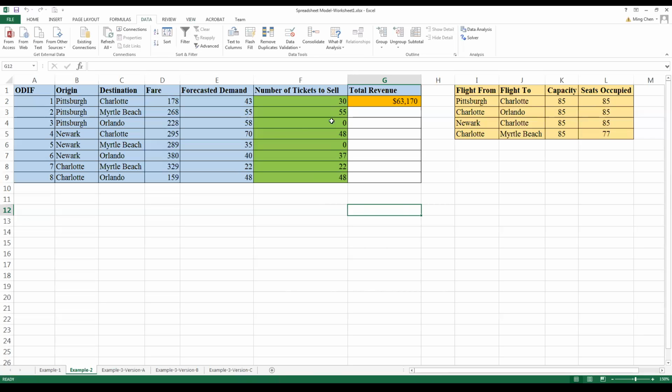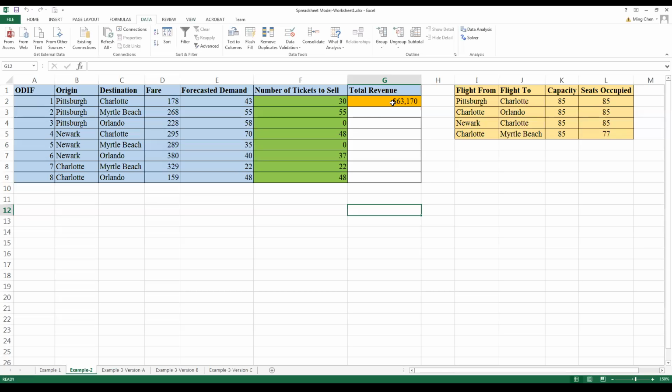We sell 55. The next one, Pittsburgh to Orlando, 58 people are willing to buy. I don't sell at all. These are the actual number of tickets we should sell. Even if there are 58 people who are willing to buy, we don't want to sell because we want to reserve the seats for a different OD pair that is more profitable.